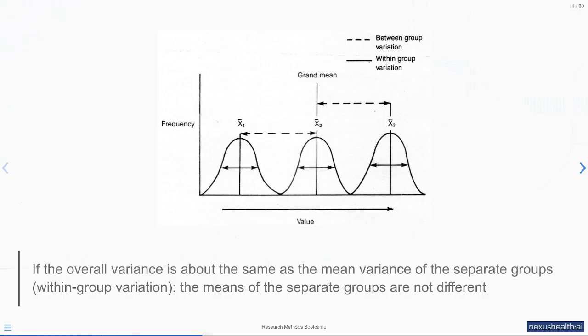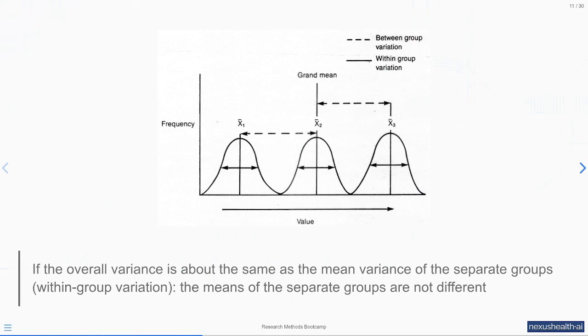This graphic here illustrates that concept for us. We have the three groups plotted, and we find that each of these three groups has the corresponding group mean. And then we have the overall mean of all three groups combined, which is known as the grand mean.